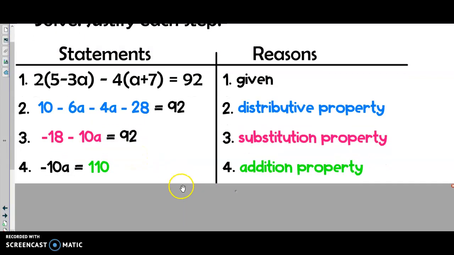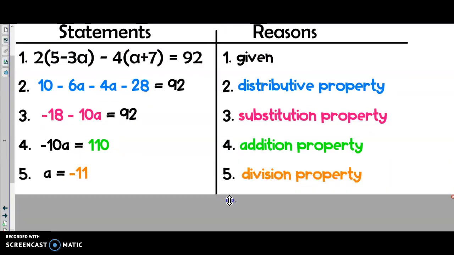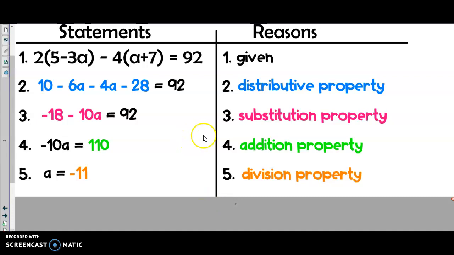And lastly, I would divide both sides by -10 to get that a is -11. And so this is my style. There are more examples in your text, but this is the method that I use when I am writing 2-column proofs with algebraic statements. So there you have it, using our properties of equality to justify steps in an equation, and our first glimpse at a 2-column proof.